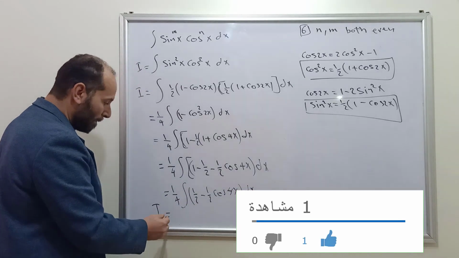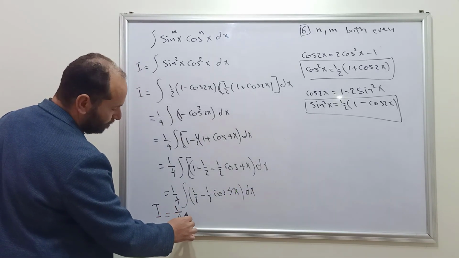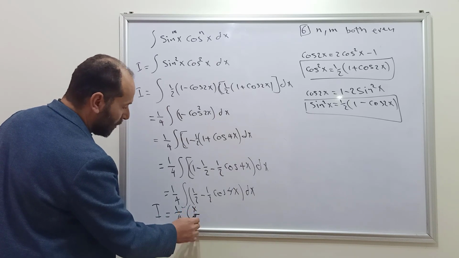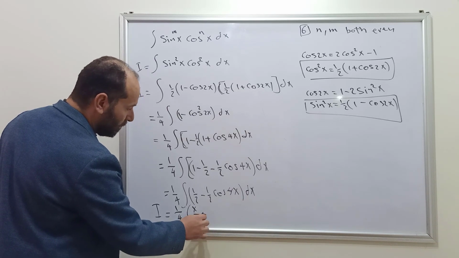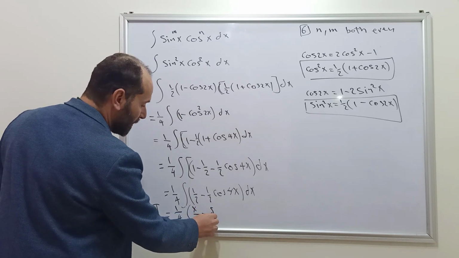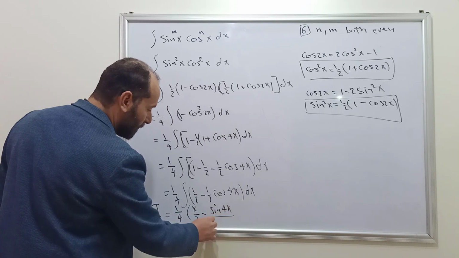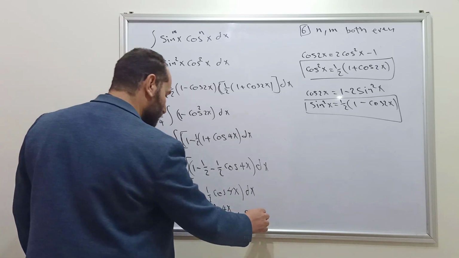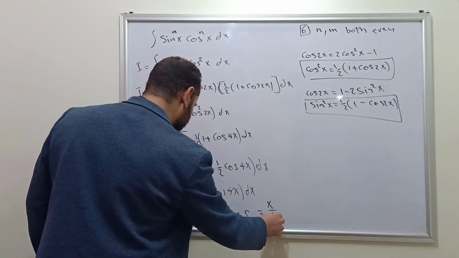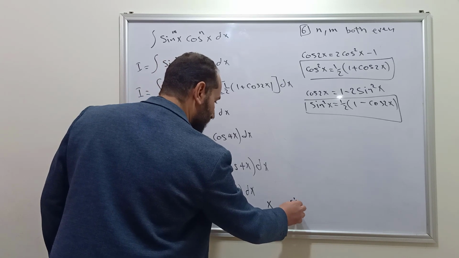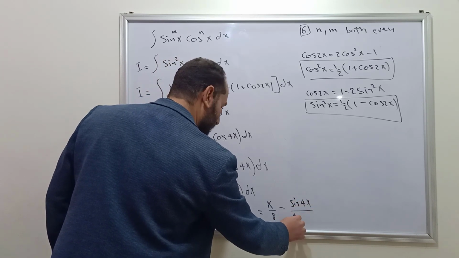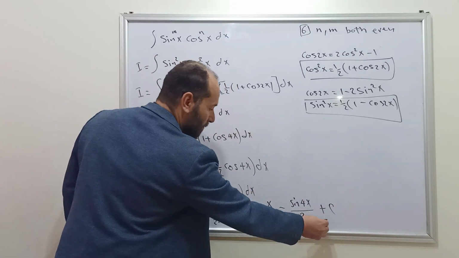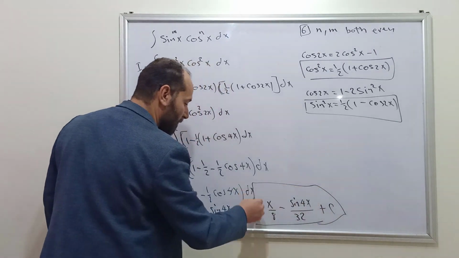This equals 1 over 4 times x over 2 minus sine 4x over 2 times 4, plus c. This equals x over 8 minus sine 4x over 32 plus c. 4 times 8 equals 32. This is the value of the integration.